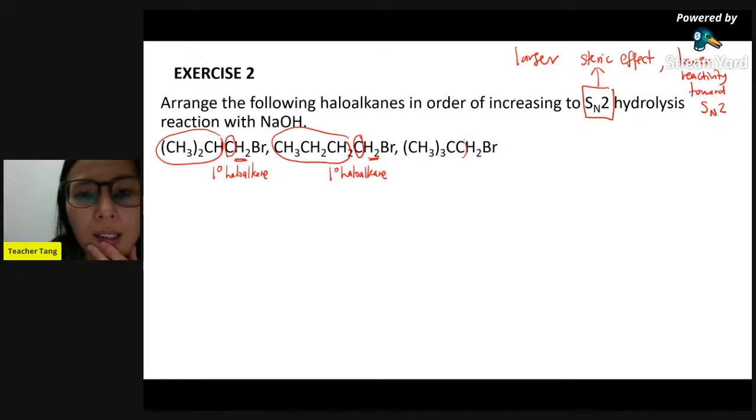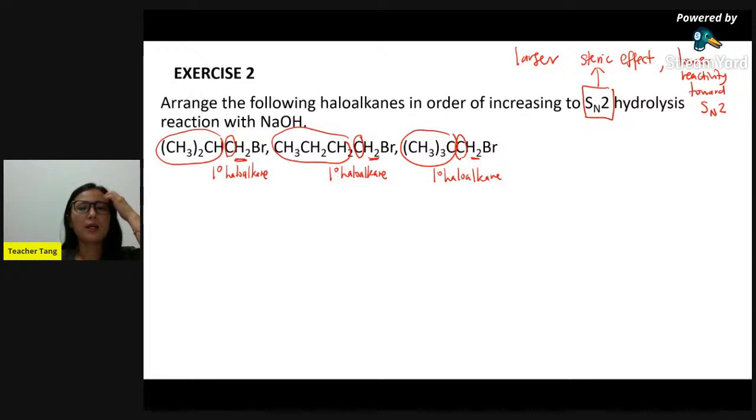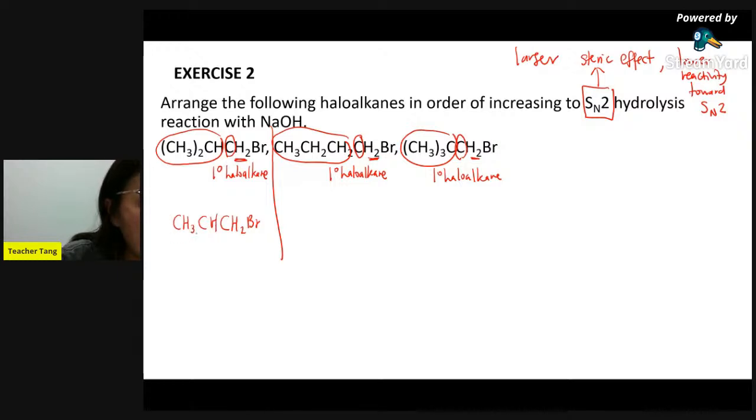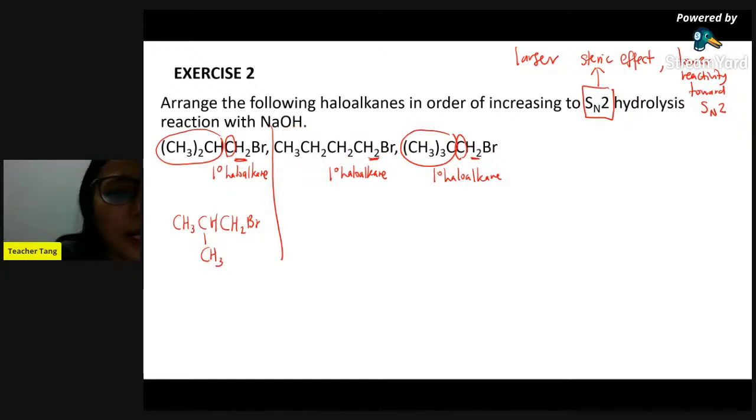Look at this carbon, 2 hydrogens, 1 alkyl group, also primary haloalkane. How to determine? Maybe we can draw out the structure. This carbon, CH2Br, and then attached to CH, so CH3 and CH3.